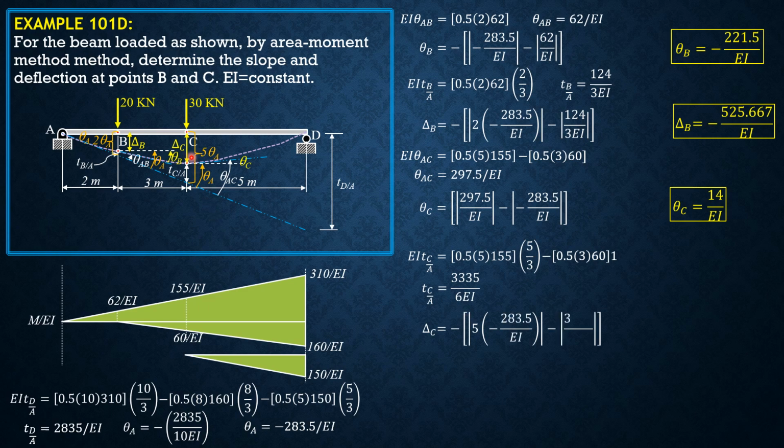Finally, delta C is negative of absolute value of 5 times theta A minus 3335 over 6 EI. Expressing the answer in decimal form, delta C is equal to negative 861.667 over EI. So that's it.